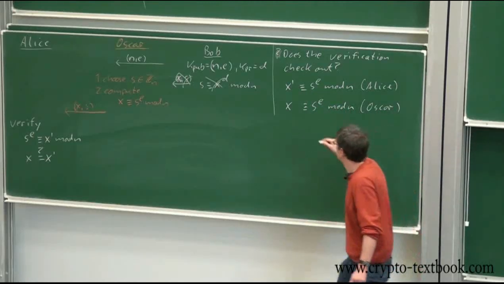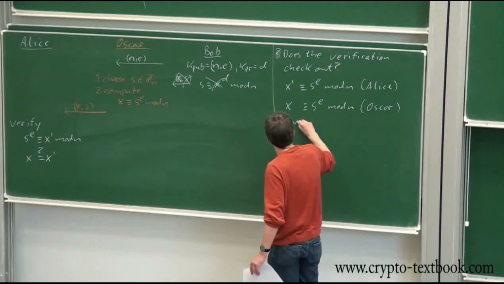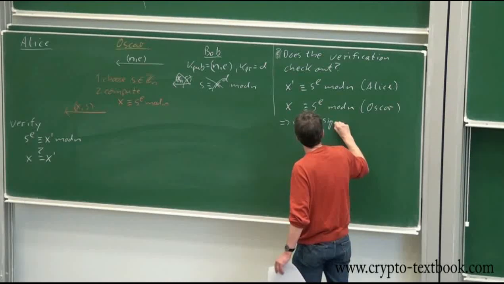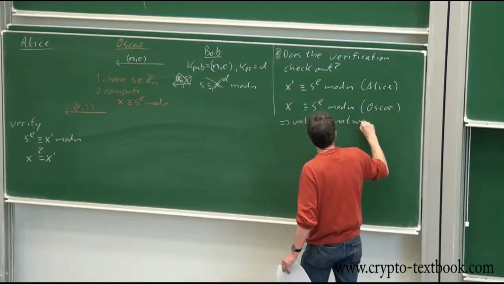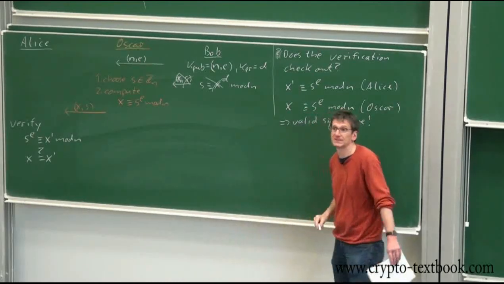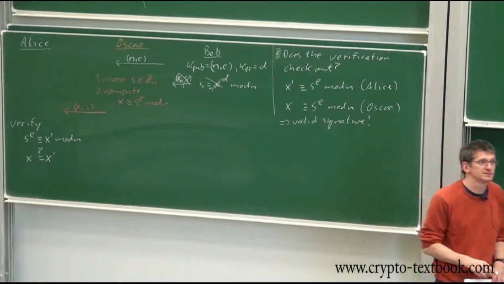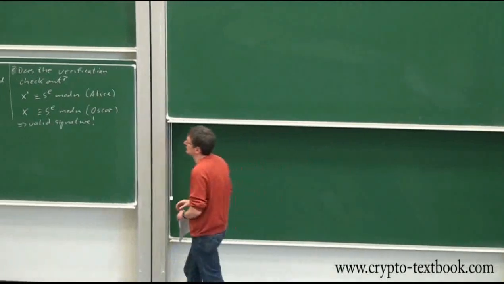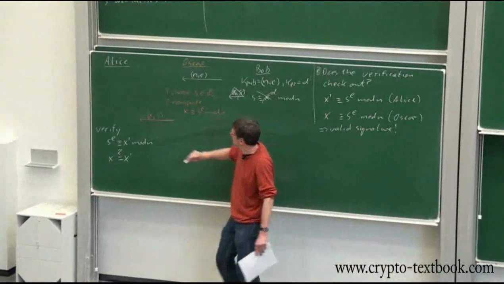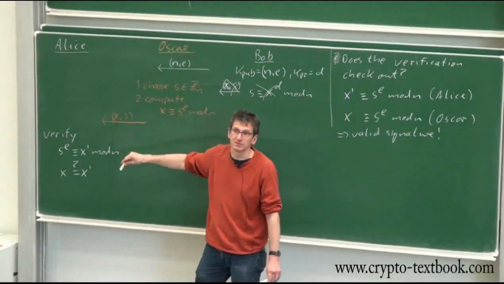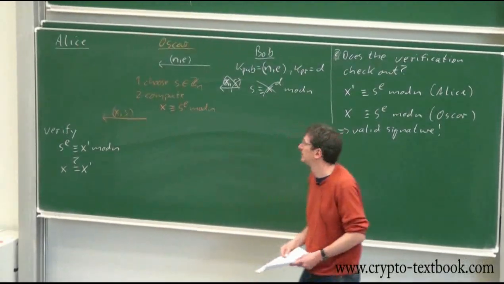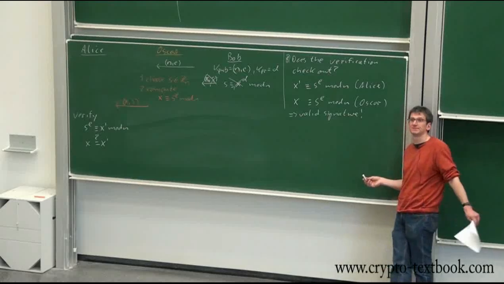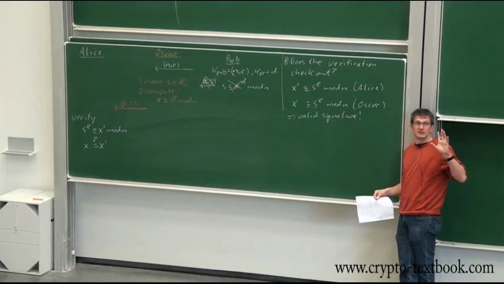So this is a valid signature. This is a problem. Oscar just generated a valid message-signature pair, which Alice does not detect, so she thinks it's a valid signature. Okay, there's a problem. This is bad.